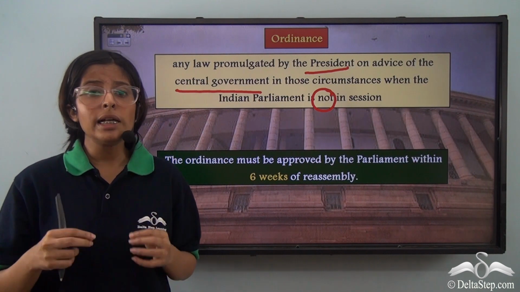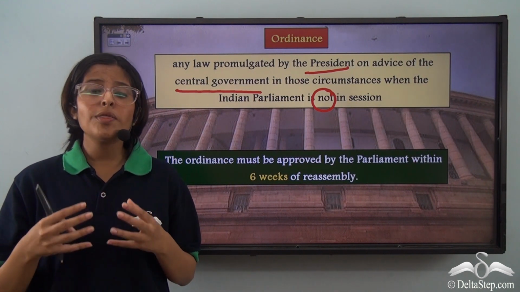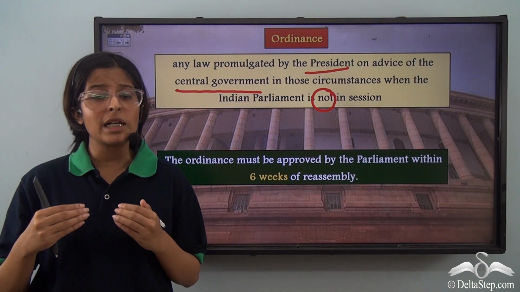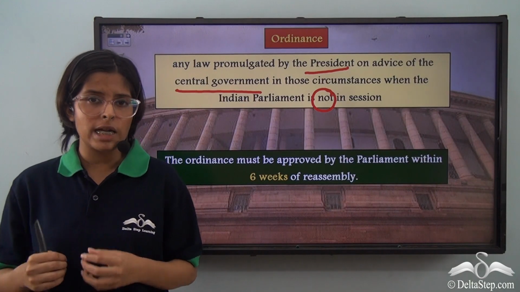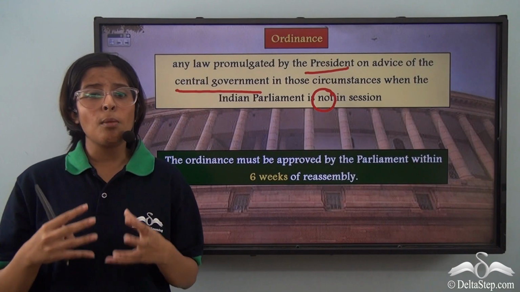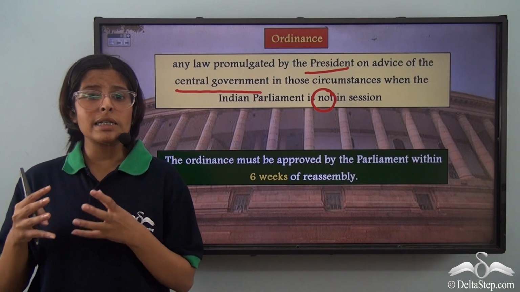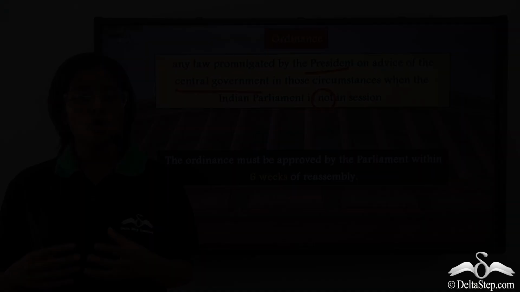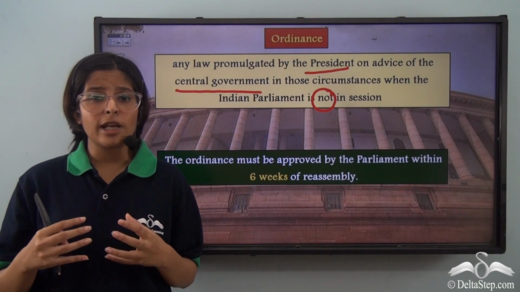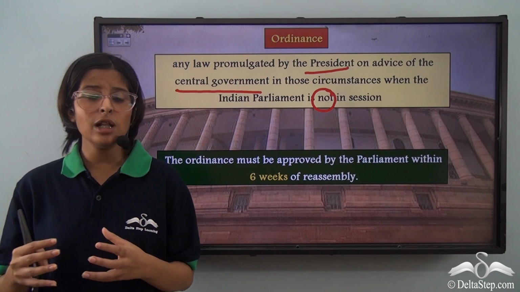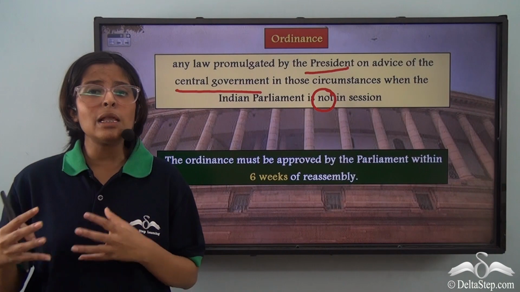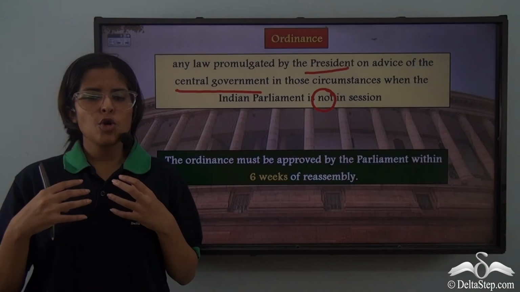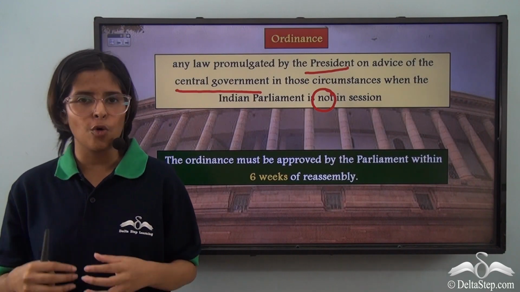For example, in 2020, when the sessions of the parliament had to be cut short or reduced because of the spread of COVID-19, the president promulgated the Epidemic Disease Amendment Ordinance, which guaranteed protection to healthcare personnel who were fighting in the front line and expanded the powers of the central government to prevent the spread of COVID.